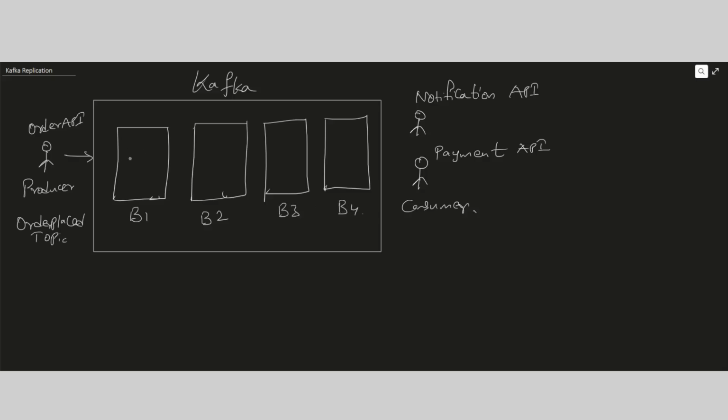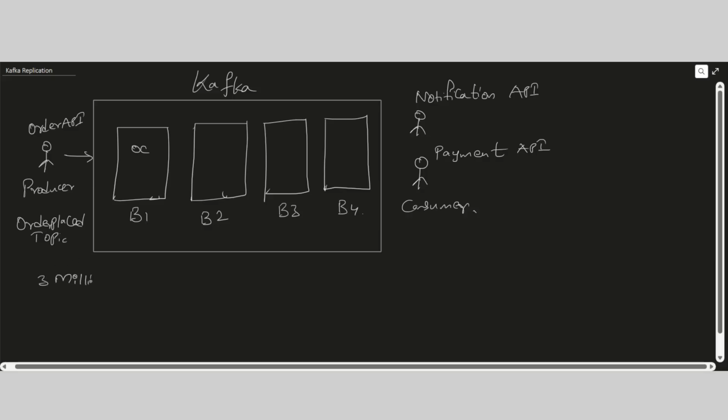Now the order created topic is present in Kafka. As we know, if there is a lot of load, we can distribute the load in Kafka. That means if the order topic is very big, let's say there are 3 million orders, we can spread the 3 million across 3 different brokers.